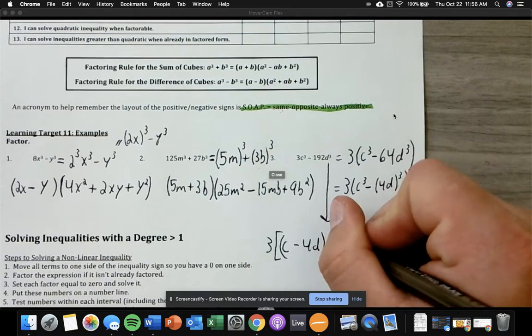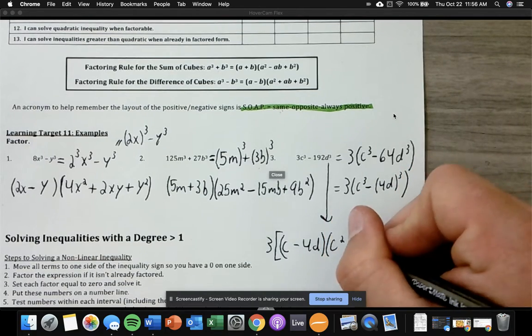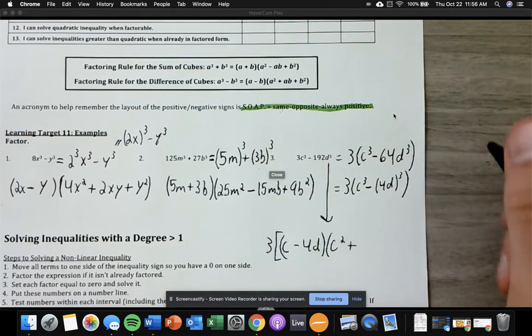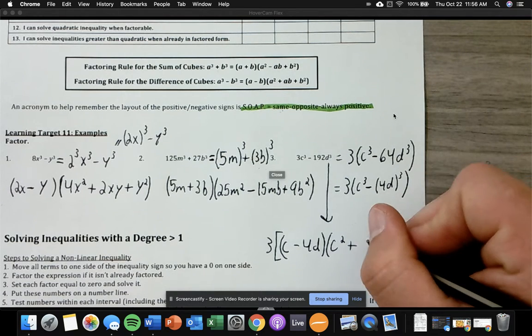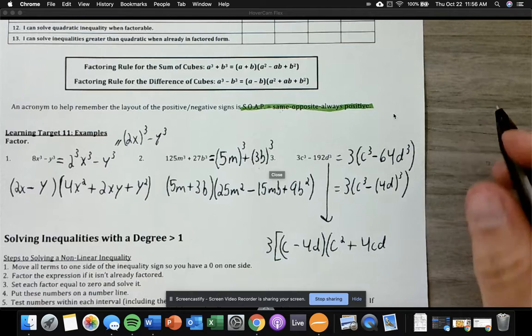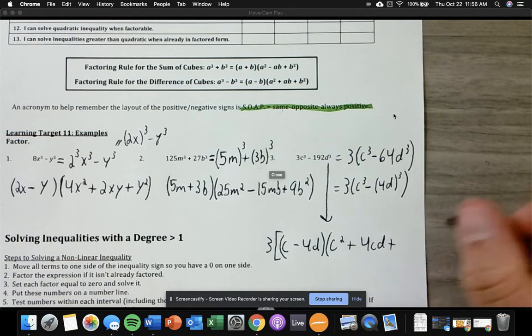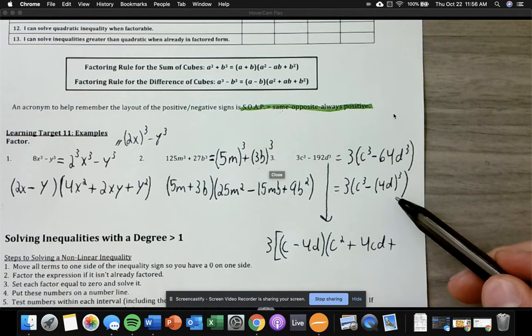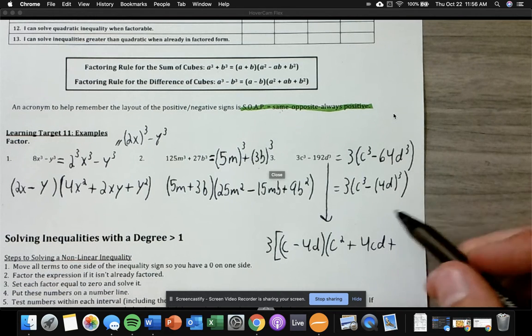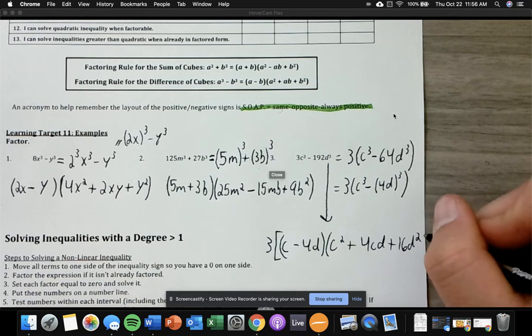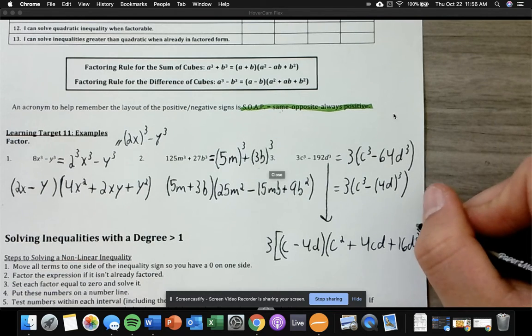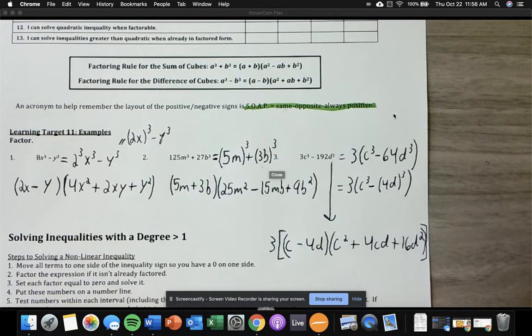So it's going to be c squared plus, remember it's the opposite, c times 4d, so we'll write 4cd, and that's going to be plus, because the last one's always positive, this 4d all raised to the second power. So 4 squared is 16, d squared is just d squared. I know I'm running out of room here, but we'll put some parentheses and brackets, and that'll be that.